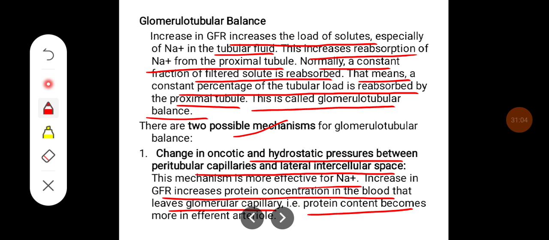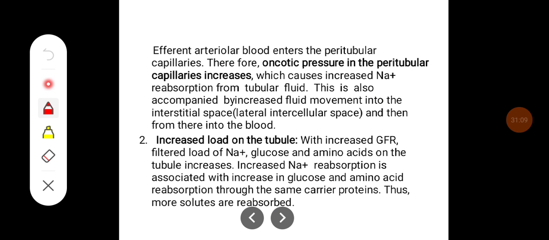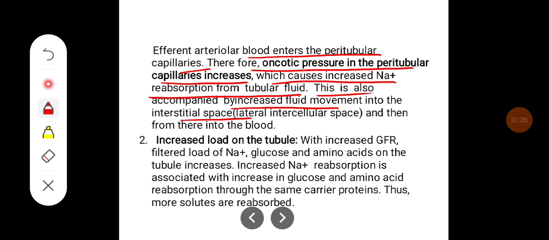That is, the protein content becomes more in the efferent arterioles. The efferent arterial blood enters the peritubular capillaries. Therefore, the oncotic pressure in the peritubular capillary increases, which causes increased sodium reabsorption from the tubular fluid. This is also accompanied by increased fluid movement in the interstitial space and then from there into the blood.